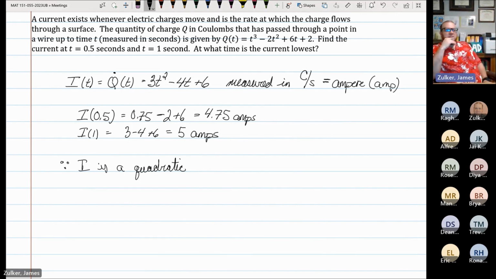What is the leading term? Or more specifically, what is the leading coefficient?